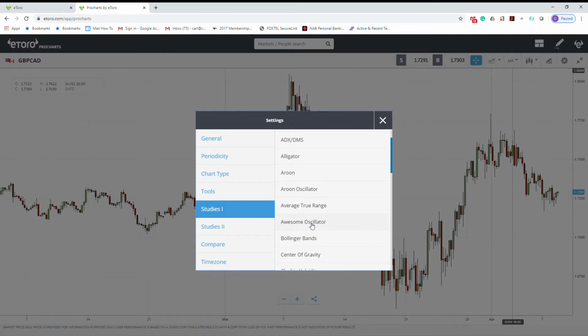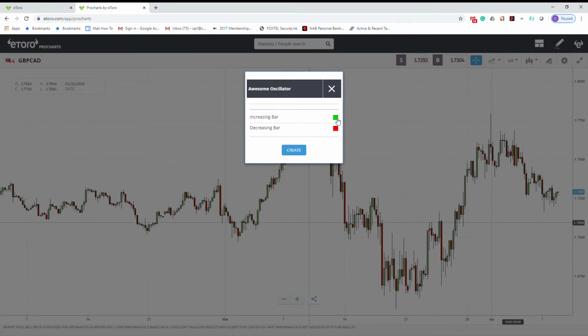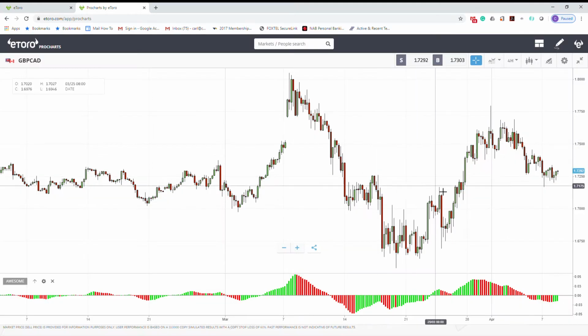So we leave the colors as they are, green for increasing bars and red for decreasing bars. Create. Okay, but what is this? It's not too complicated.